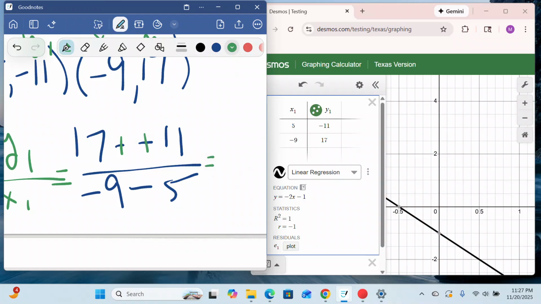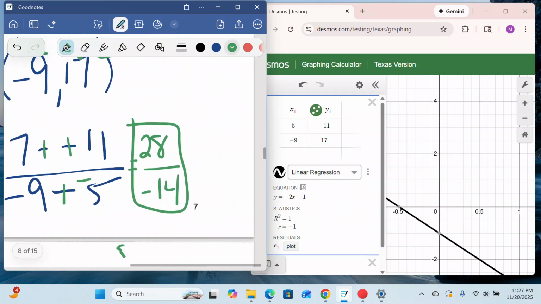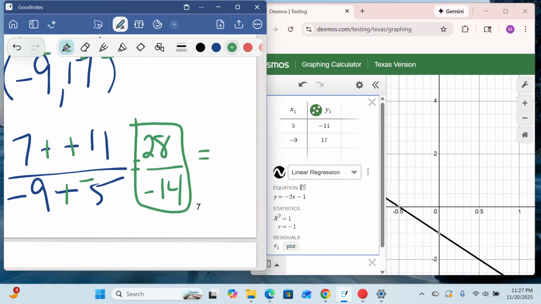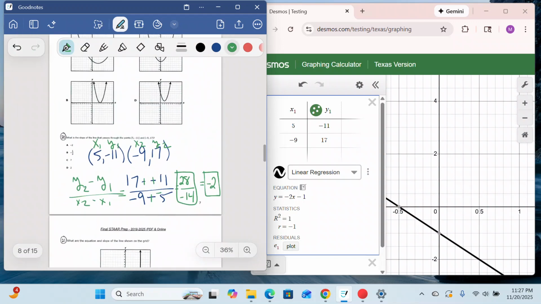So that gives me a positive 28 divided by negative 14, which gives me a slope of negative 2, which is the same as Desmos. So that is one way to check our answers.